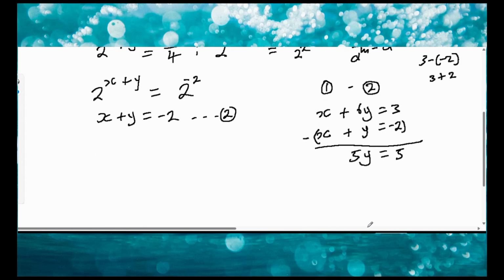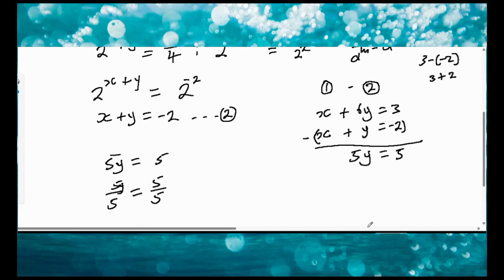So from here we can solve for the value of y. 5y is equal to 5. So we divide both sides by the coefficient of y, which is 5, right? So 5y all over 5 is equal to 5 all over 5.